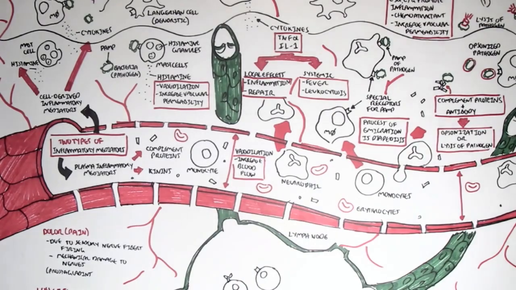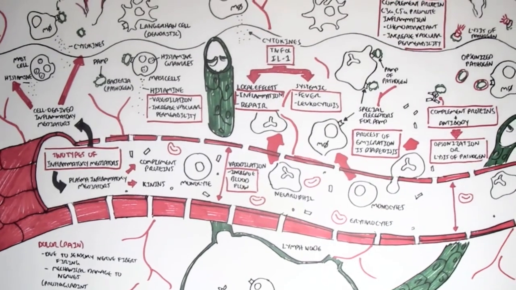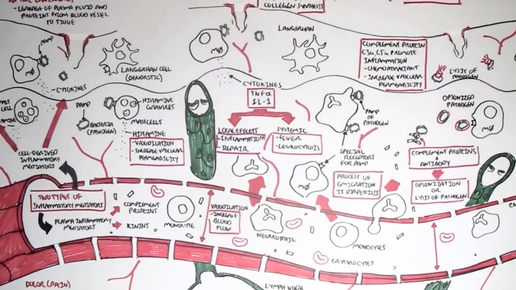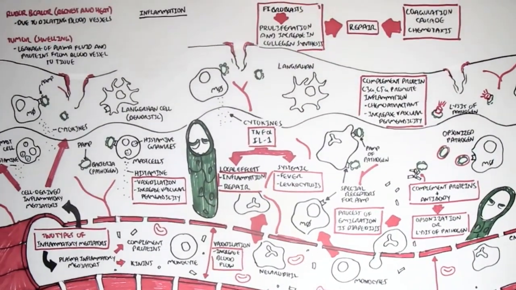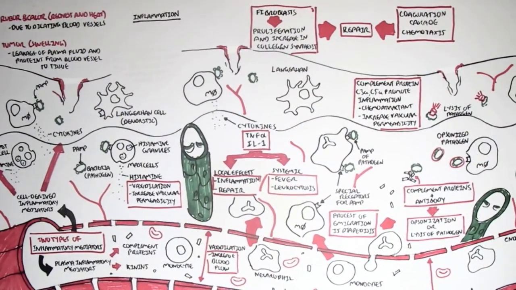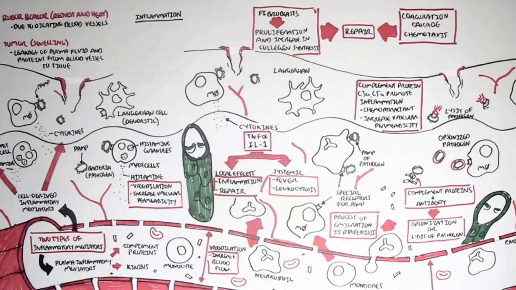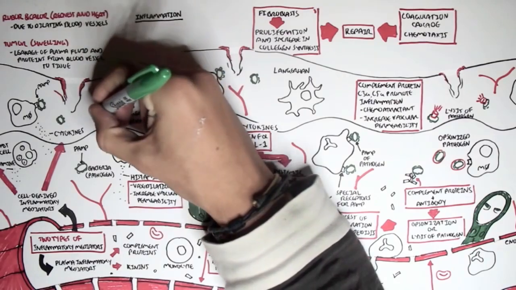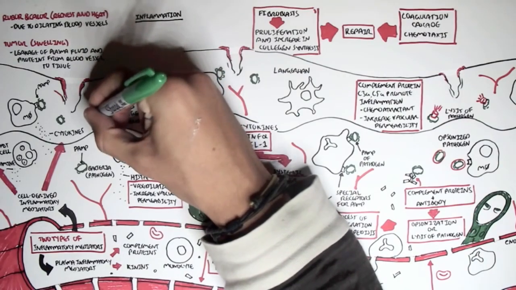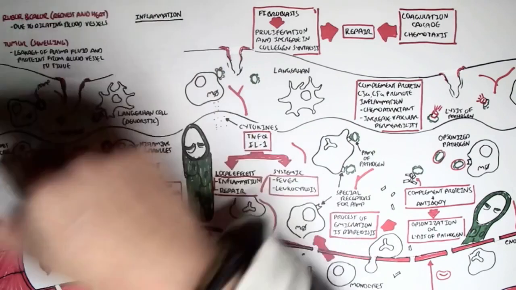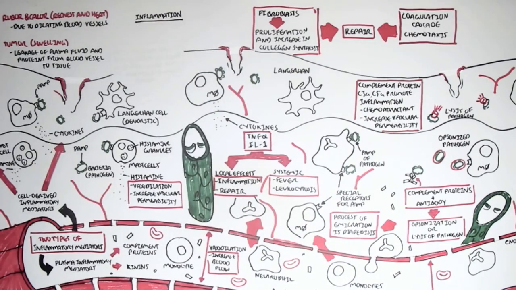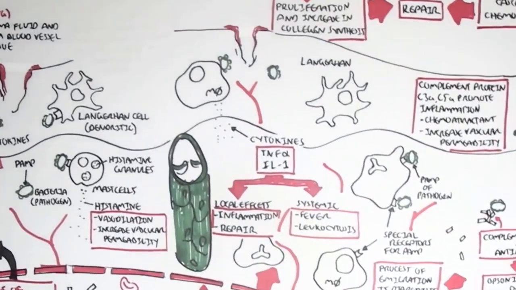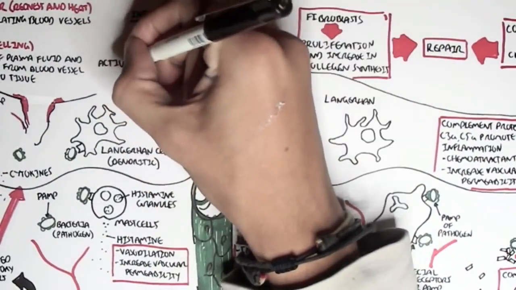Now, as we know, the immune cells play a critical role in the inflammatory response. What just happened with all these inflammatory mediators are part of the innate immune system. But if a pathogen causes an infection in the body, the adaptive immune system has to be initiated. These are the cells within the lymph nodes. So what can happen is antigen-presenting cells, such as dendritic cells or macrophages, can engulf the bacteria or the pathogen.